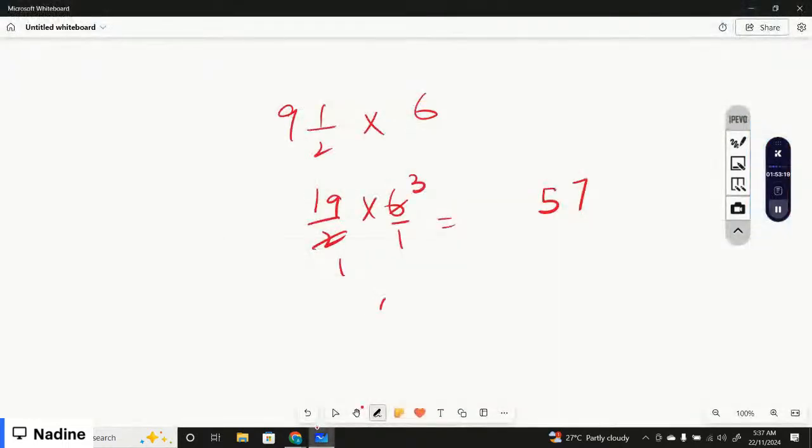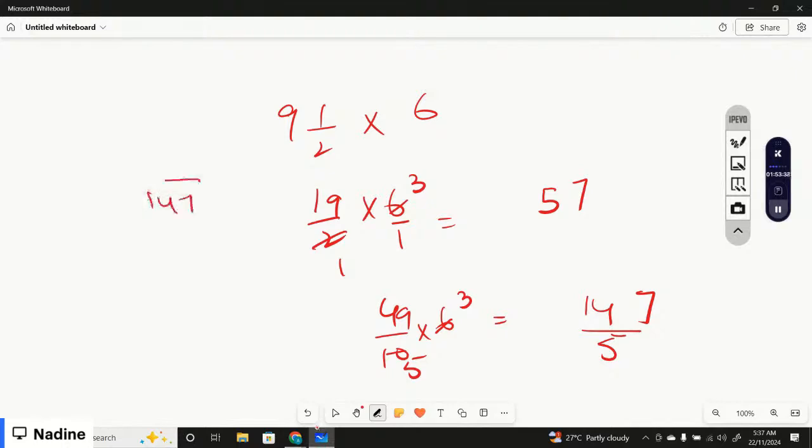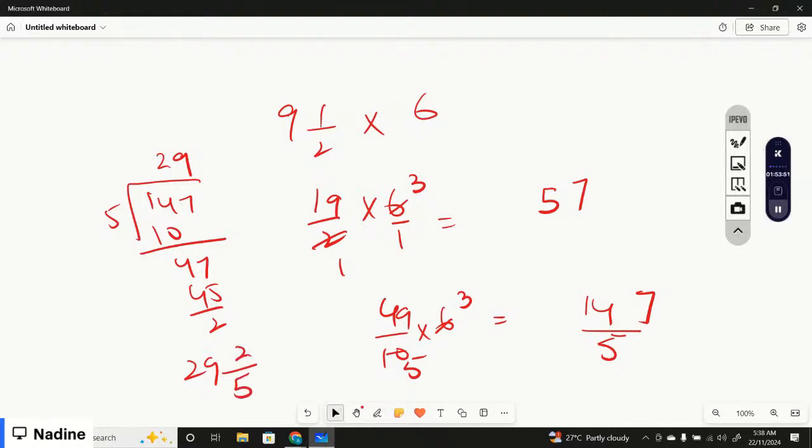So 2 times 3 is 6 and 2 times 5 is 10. So 49 times 3: 9 times 3 is 27, 3 times 4 is 12 and 2 is 14, 147 over 5. Simply divide. 5 times 2 is 10, 5 times 9 is 45. You have 2 here. So that is 29 whole 2 over 5. The correct option is 29 whole 2 over 5.